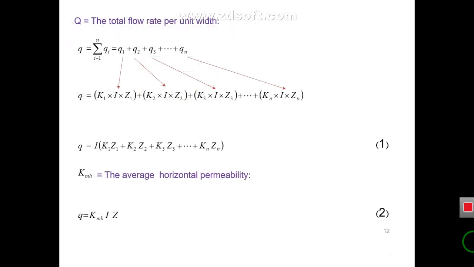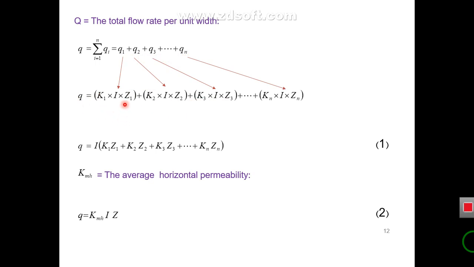The total flow rate per unit width of the stratified aquifer Q is calculated using this equation. Q is equal to Q1 plus Q2 plus Q3 plus Qn. We put the mathematical formula related to the flow rate per unit width of each layer using Darcy's law to get this expression.